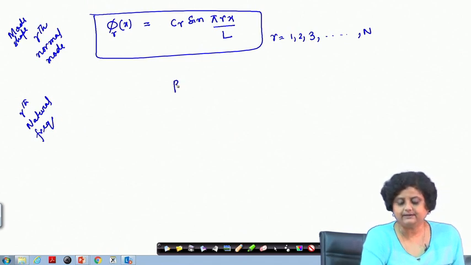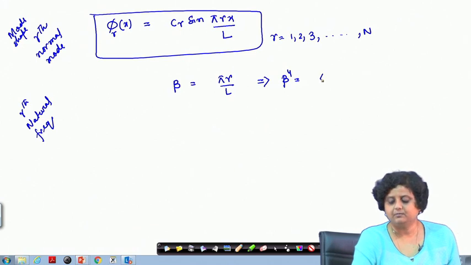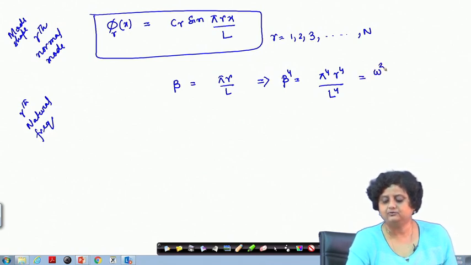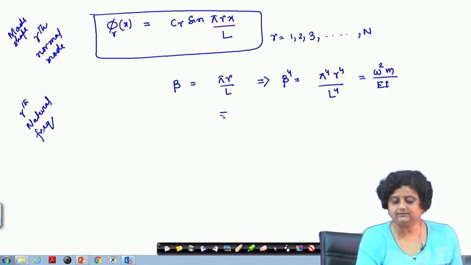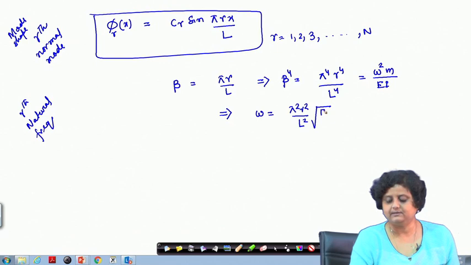So, we have seen that beta is pi r by L. Therefore, beta to the power 4 is pi to the power 4 r to the power 4 by L to the power 4, and which is equal to omega square m by E I. So, this gives me omega as pi square r square by L square times square root of E I by m.